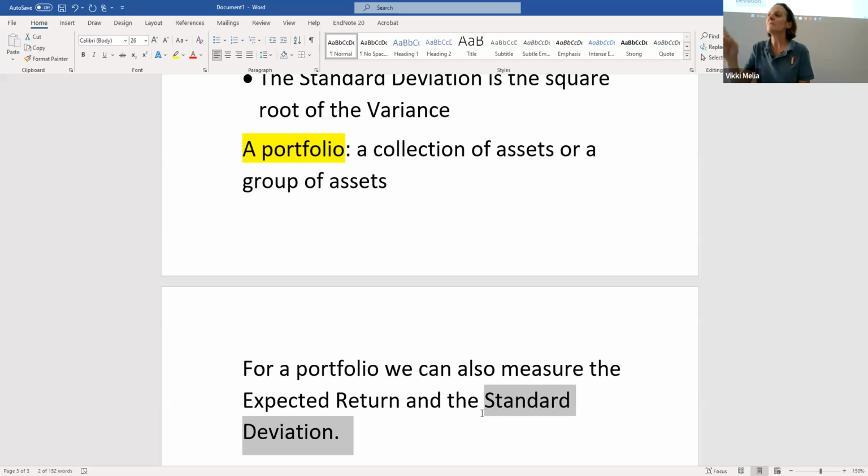But one thing that's important when you're looking at a portfolio, whether you're calculating the expected return or the standard deviation, it's important that you can calculate the weight of each asset in the portfolio. That's really important.